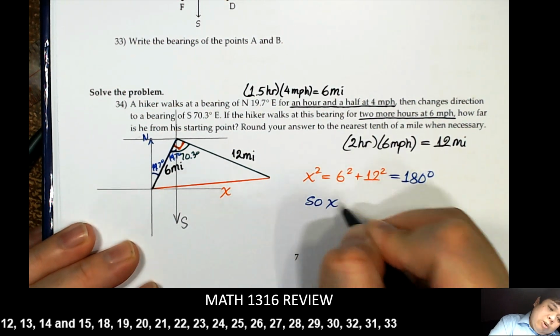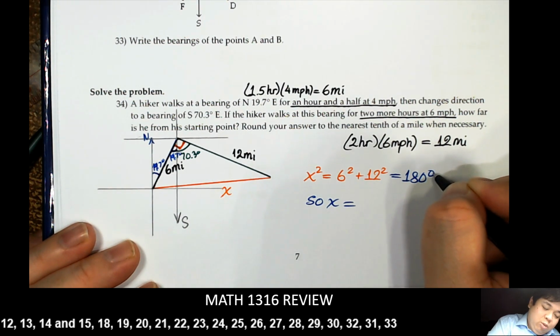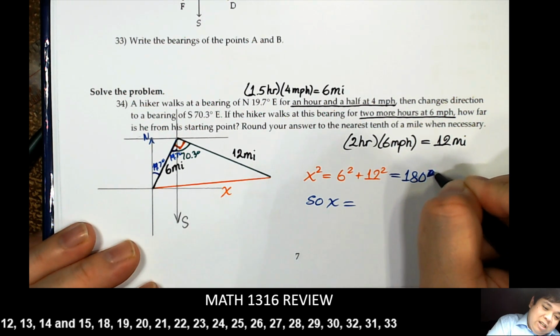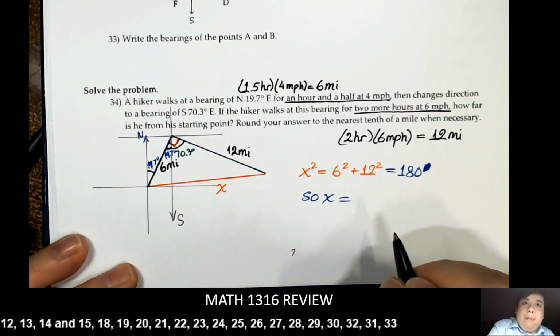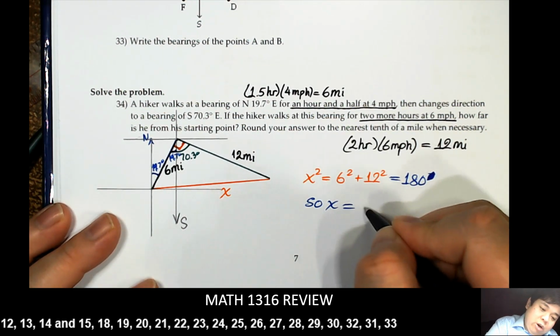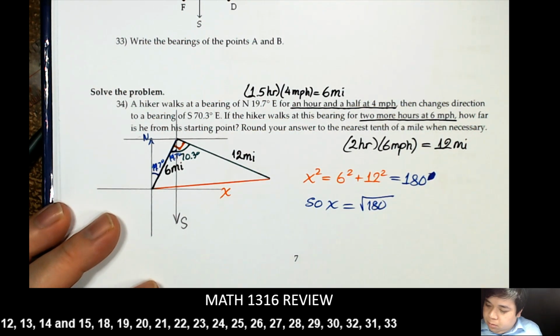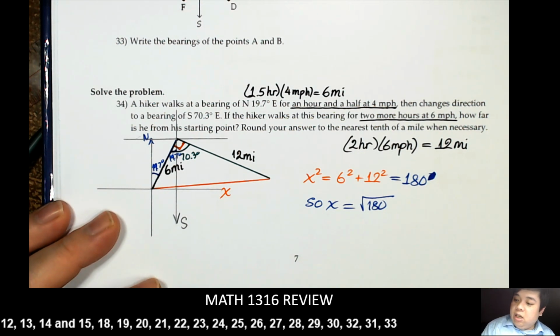So x equals the square root of 180. Let's ignore the unit here; that should be miles squared. But anyway, square root of 180, I got 13.42.